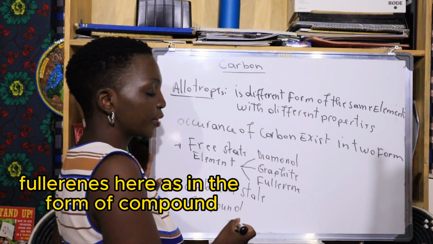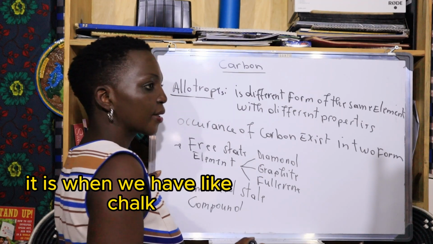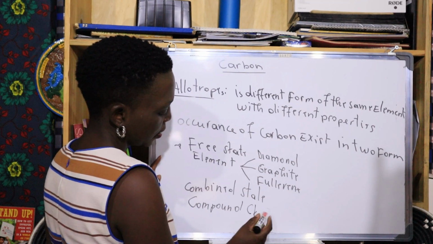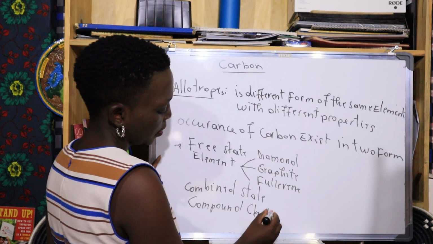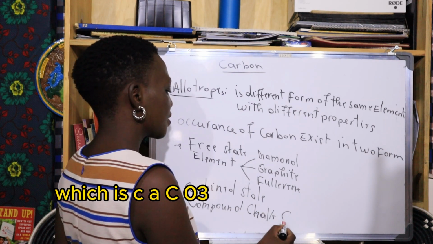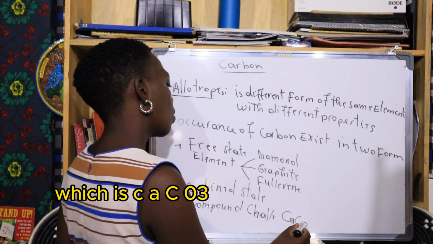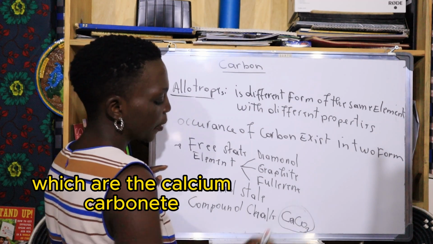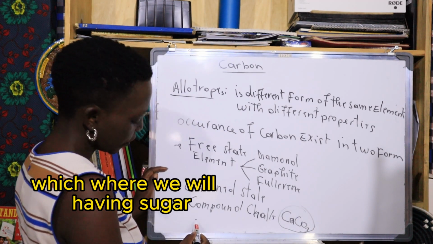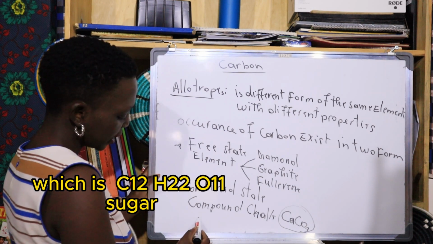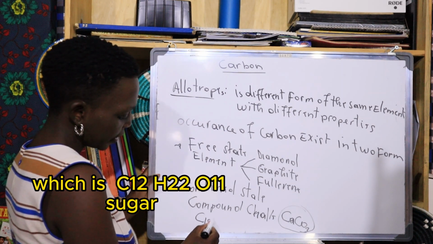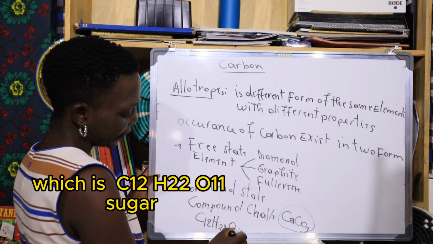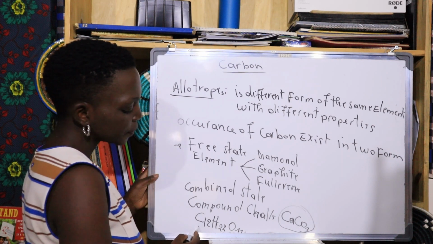In the form of compound, we will have chalk, which is CaCO3, calcium carbonate, and sugar, which is C12H22O11.